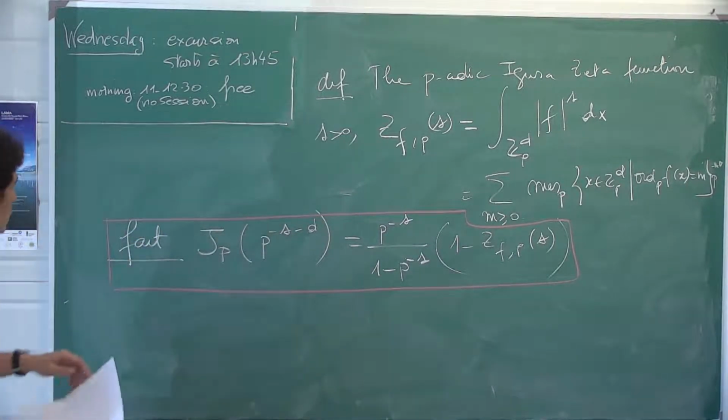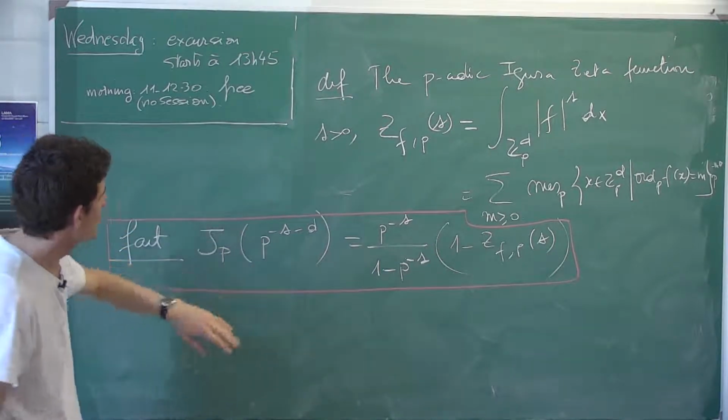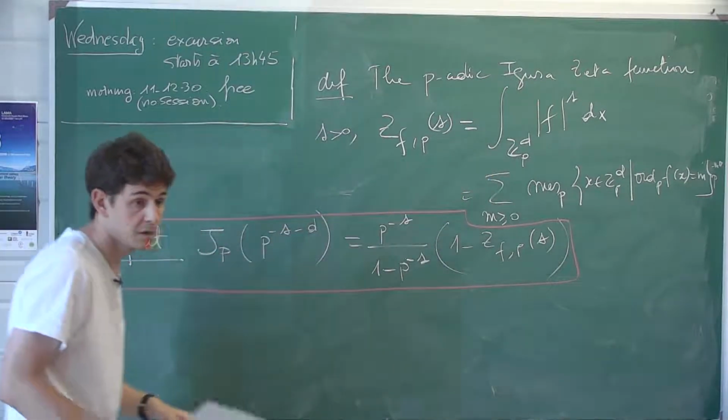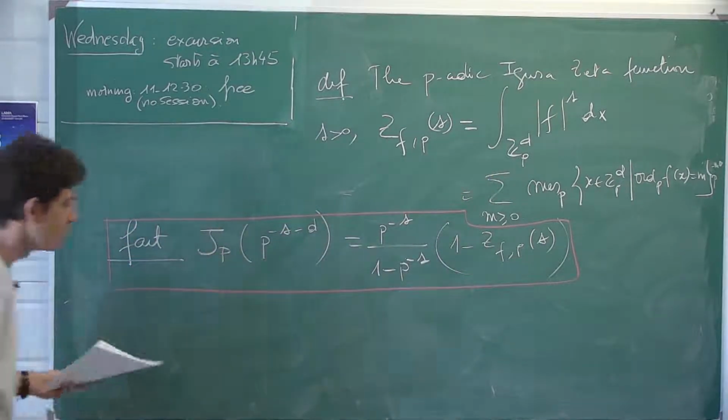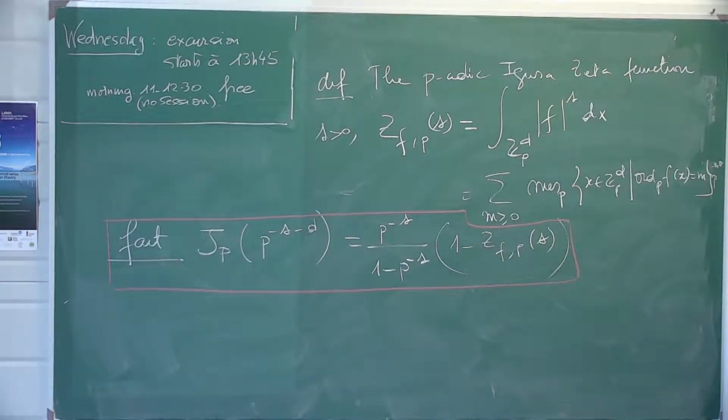That means that to study this Poincaré series, it's enough to study this p-adic integral. This is the main idea. So the proof is very easy, using properties of the measure.